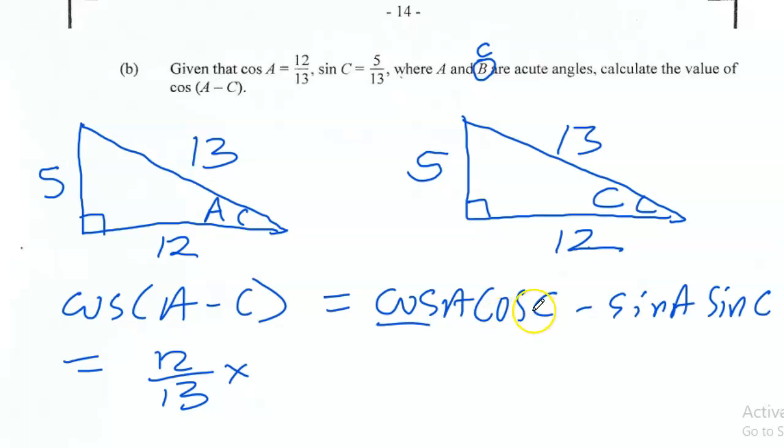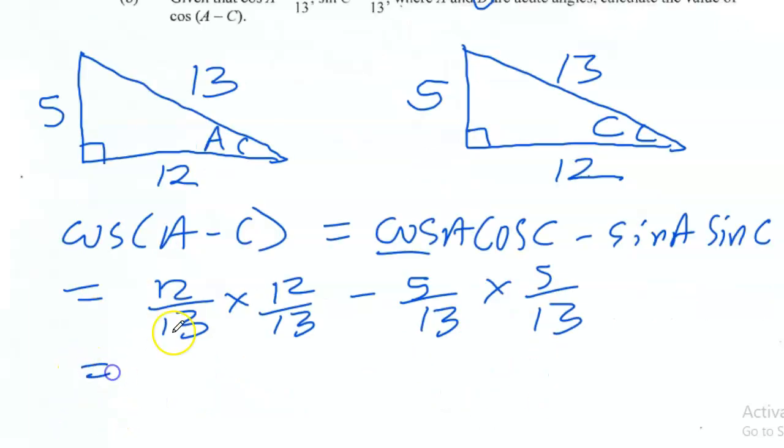Cos C using this triangle, remember cos is adjacent over hypotenuse, so cos C will be 12/13 also. Then sine A, sine is opposite over hypotenuse, so sine A will be 5/13. And sine C would be opposite over hypotenuse again, 5/13.